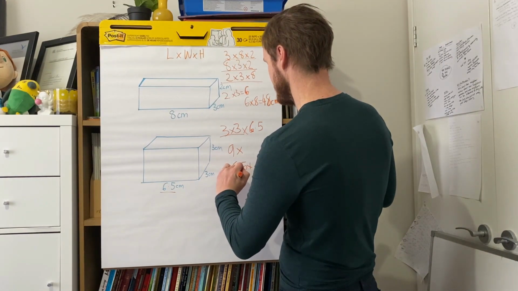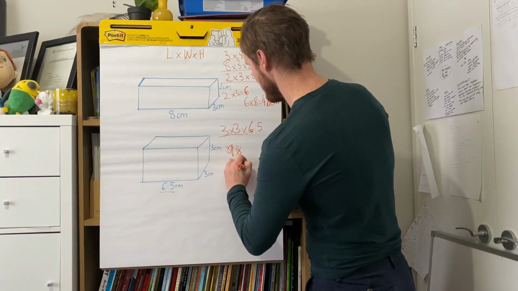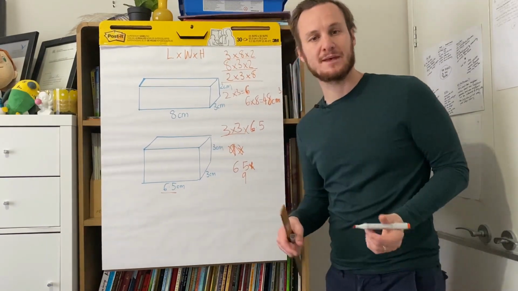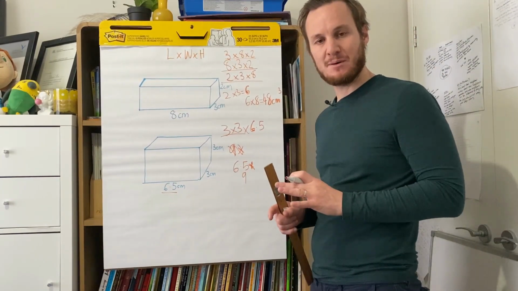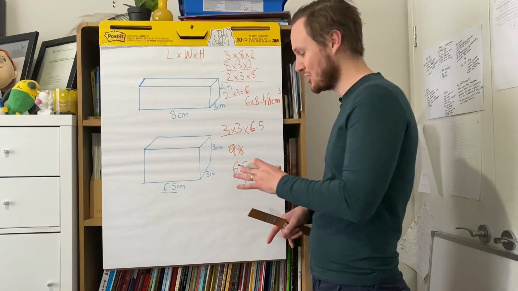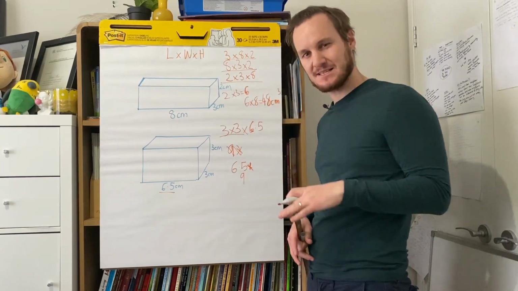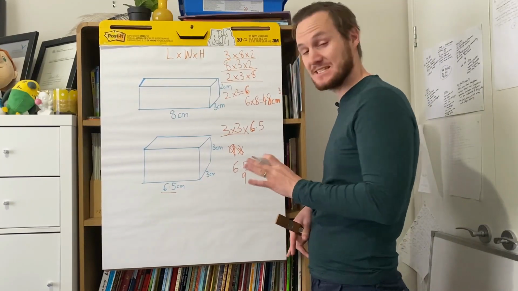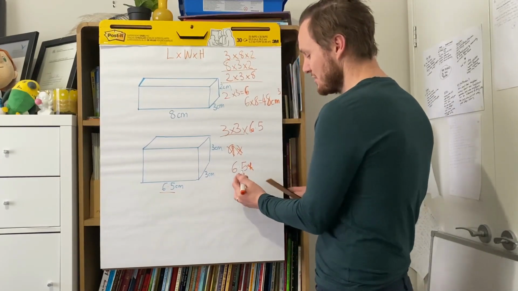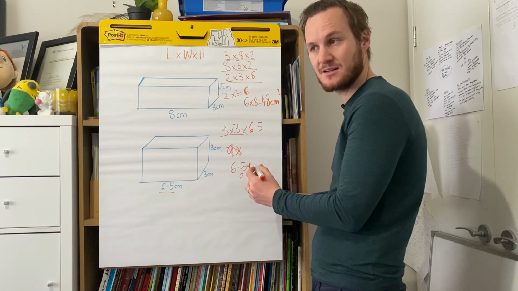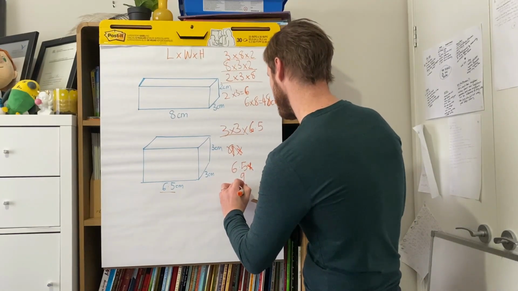And now it's just 6.5 times 9. Now, if you remember from last lesson, that's a horrible multiplication sign, but let's keep going. If you remember from last time with multiplication with decimals, you just forget about the decimals for now and do 65 times 9 and then move the decimal place back at the end. So 5 times 9, 45.